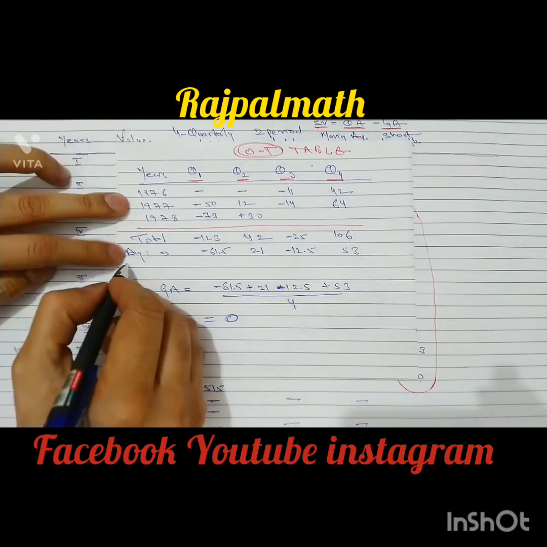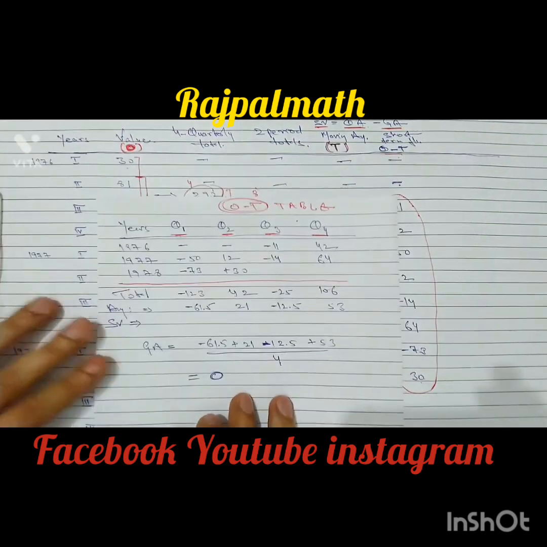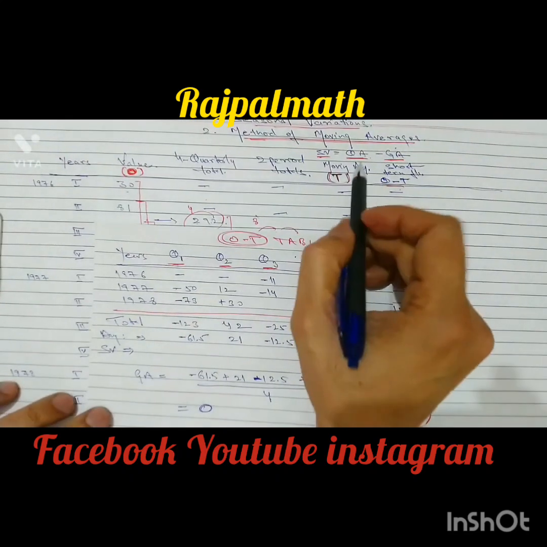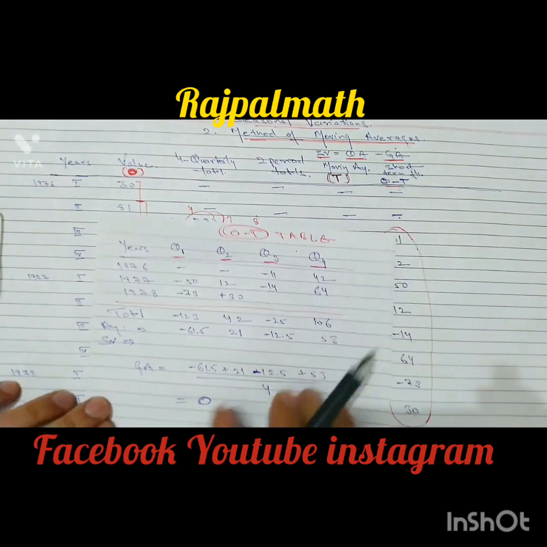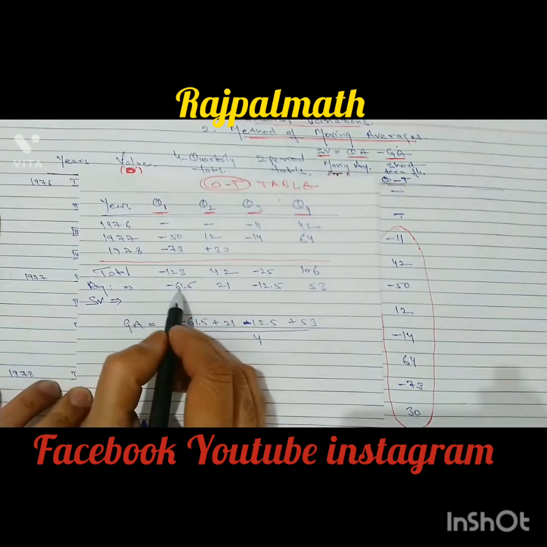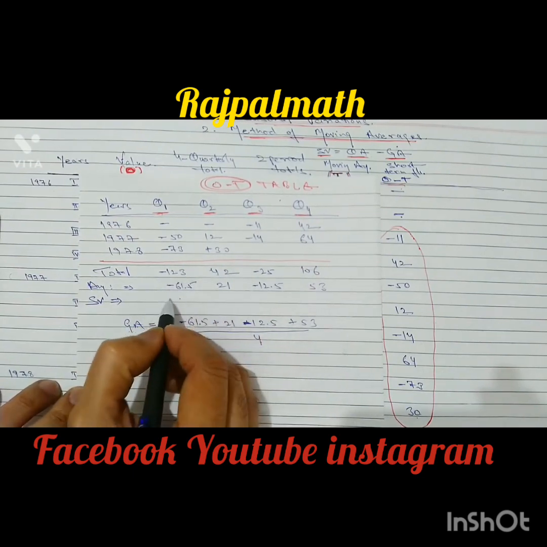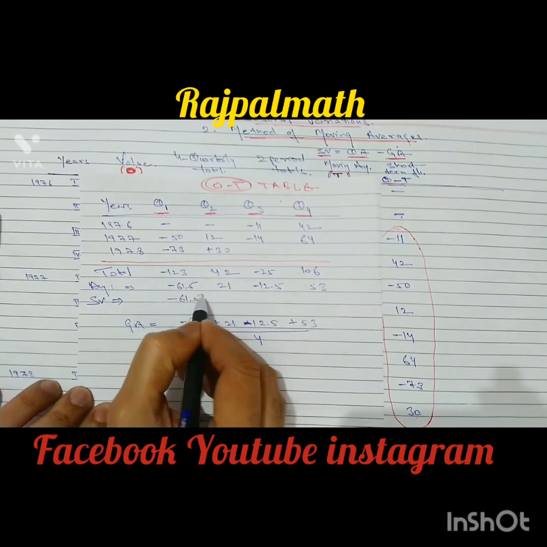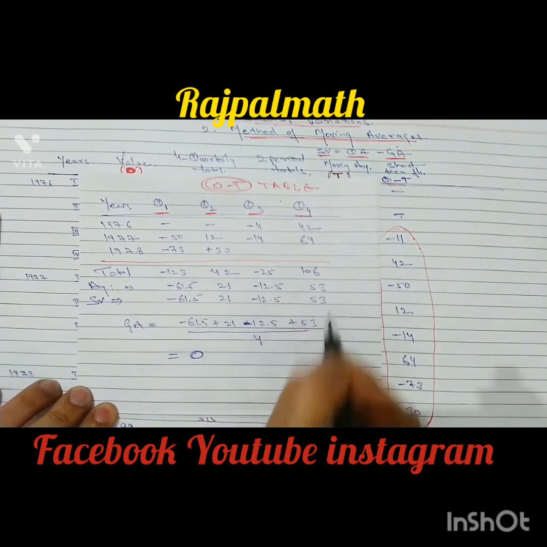Therefore, the seasonal variations formula is quarterly average minus general average. The general average is 0, so the quarterly average minus general average is the same: minus 61.5, 21, minus 12.5 and 53.